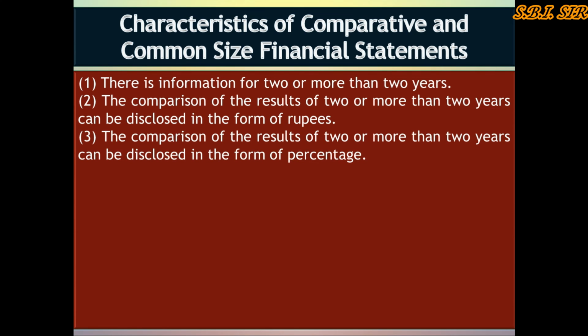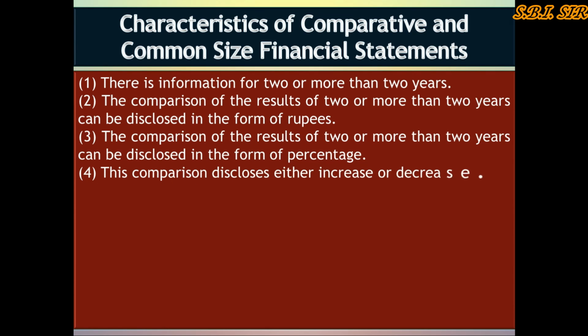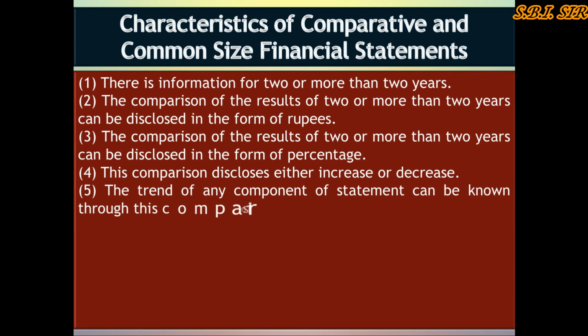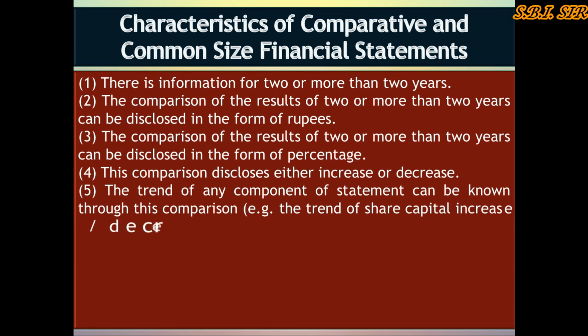Third, the comparison of the results of 2 or more than 2 years can be disclosed in the form of percentage. Fourth, this comparison discloses either increase or decrease. Fifth, the trend of any component of a statement can be known through this comparison. For example, the trend of share capital: increase, decrease or no change.